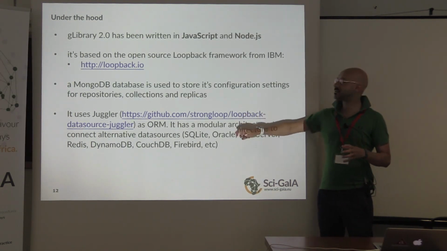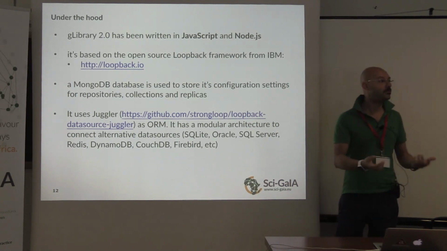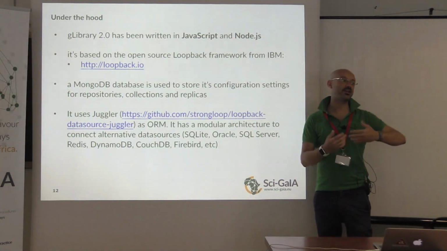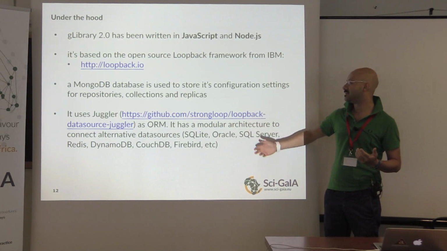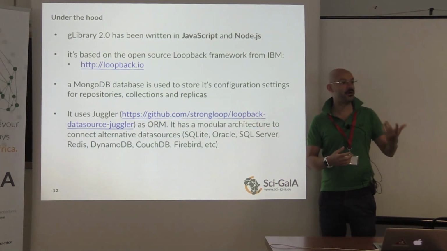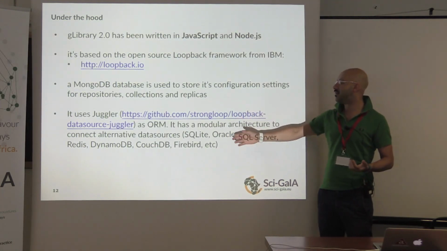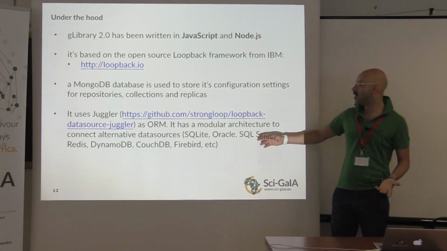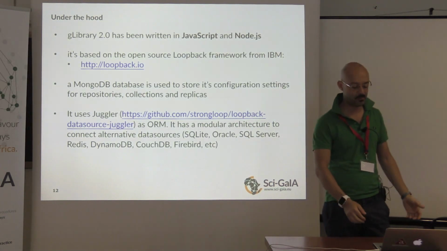For data access, we use the library Juggler, an ORM, an object relational model, that is able to provide a transparent interface to several different backends. We have tested with MySQL, with Postgres, and with MongoDB. But Juggler provides adapters for SQLite, Oracle, SQL Server, DynamoDB, CouchDB, and so on.